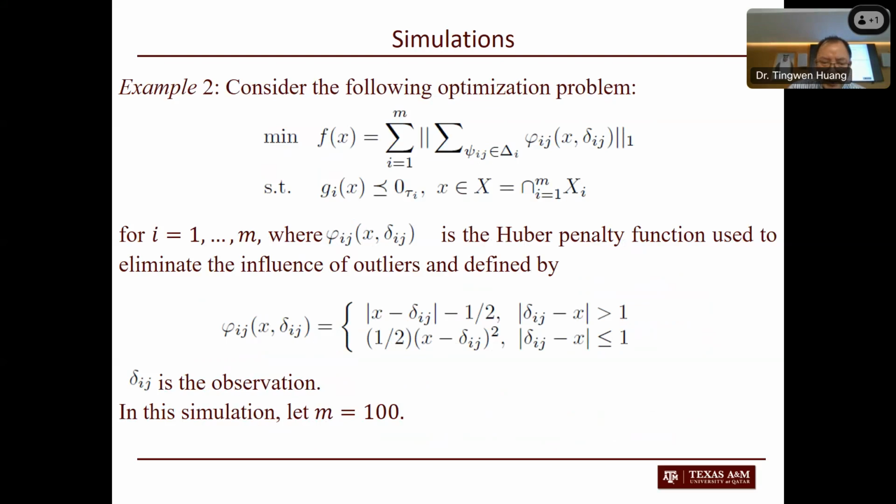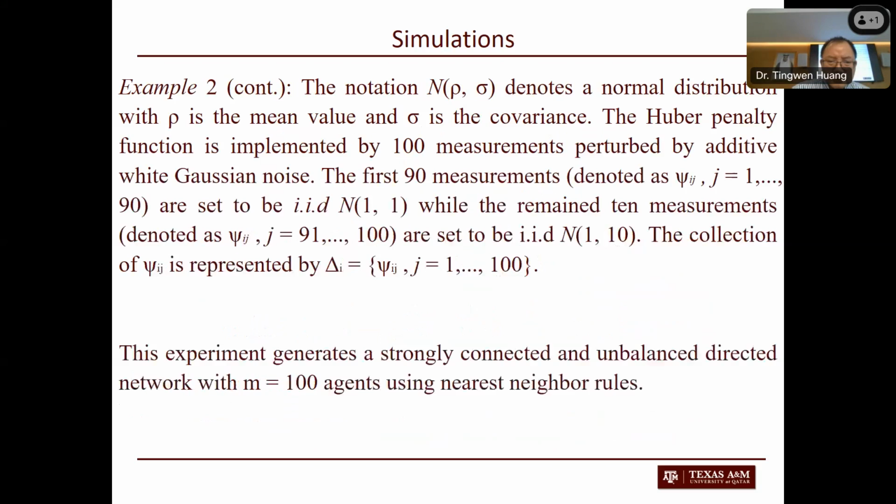where delta ij is an observation. In this simulation, we just let m be 100. So there are 100 agents. The notation N(rho, sigma) denotes a normal distribution, with rho as the mean value and sigma as the covariance.